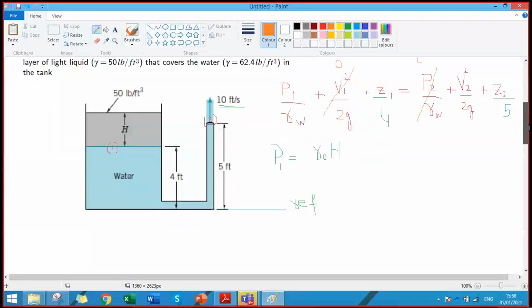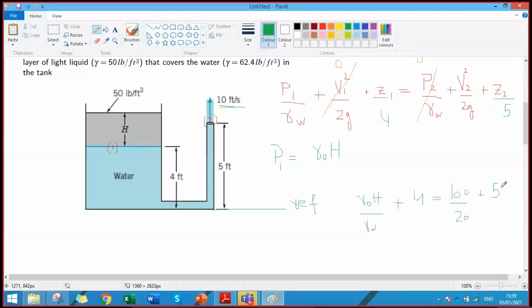So we can write the equation now in terms of all the knowns. P1 is gamma of oil into H divided by gamma of water, plus 4, equal to 10 square, which is 100, divided by 2G, which is 20 if we take the value of gravity as 10, plus 5.